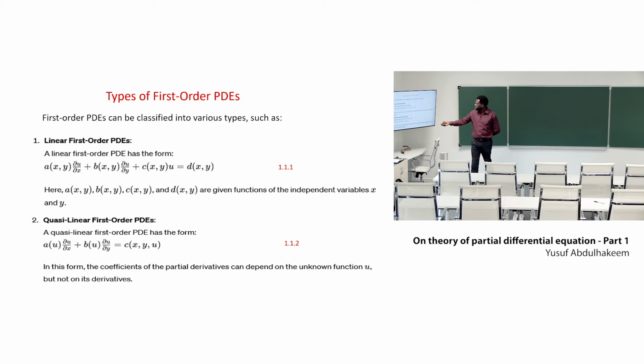Then we have the second one, which is the quasi-linear first order PDE. A quasi-linear first order PDE has this form, 1.1.2. In this form, the coefficient of the partial derivative can depend on the unknown function u. Here, if you look at it very well, you will see that all the coefficients of the derivatives only depend on the independent variables x and y.